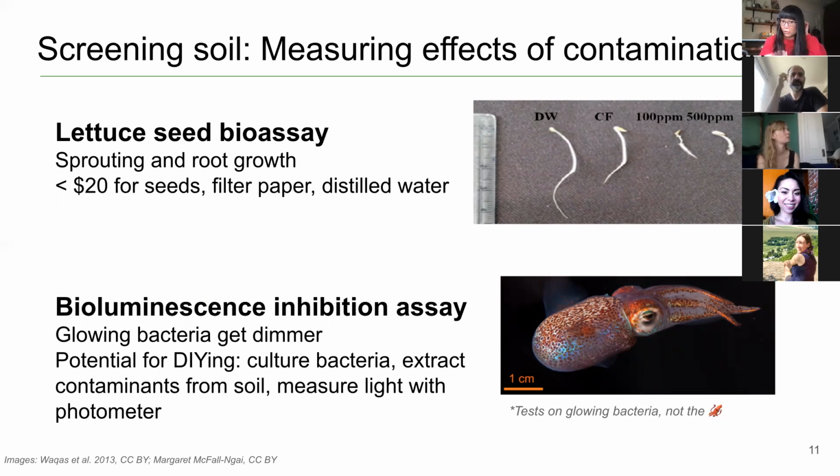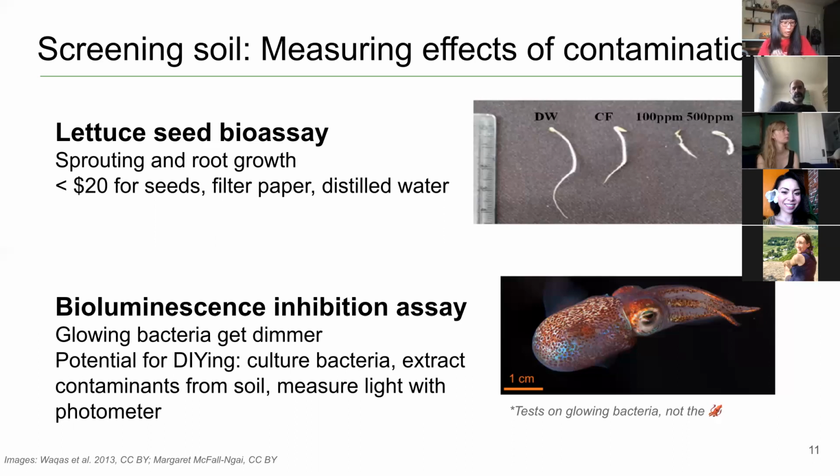So another approach that some people are using to complement more conventional testing is to do tests for toxicity, or what are termed effect-based tests, to measure impacts on living things from contaminated soil. So one approach is a bioassay, and this means using plants and other living things to measure the effects of environmental pollution.